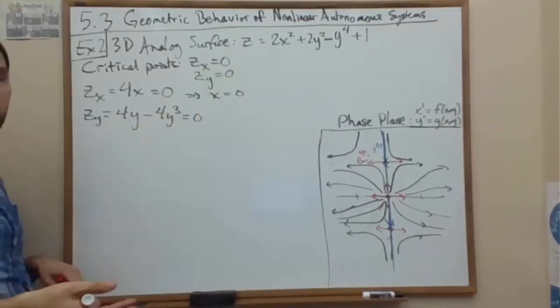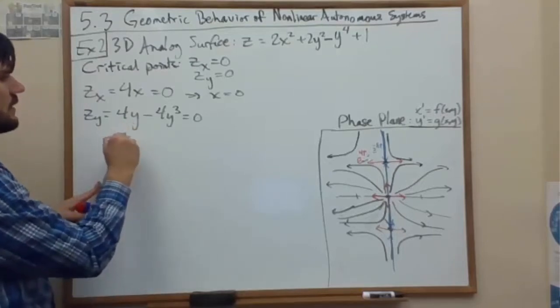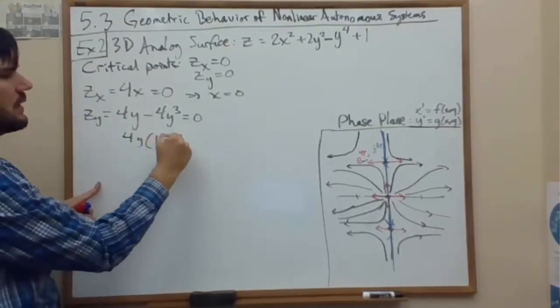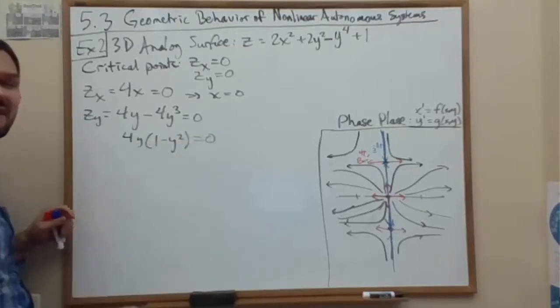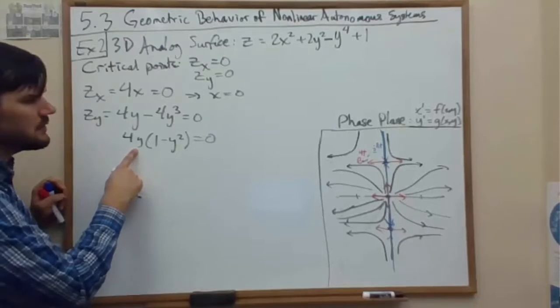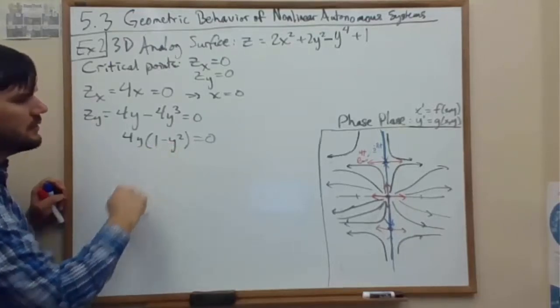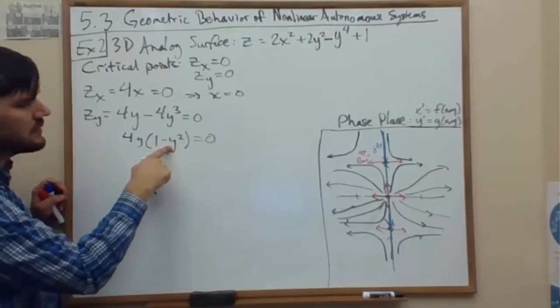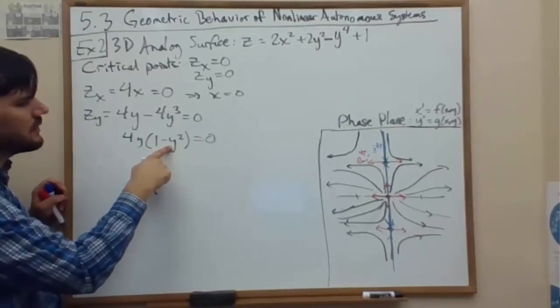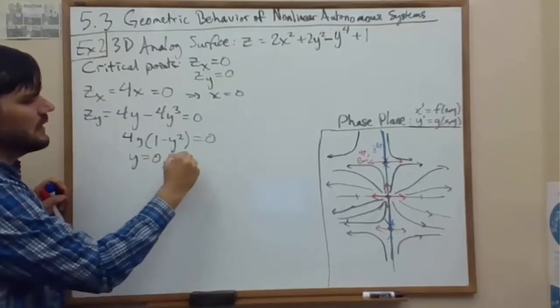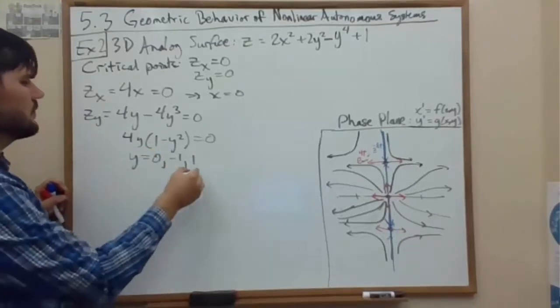This one has a few more points, so let's factor it first. I can factor out a 4 and a y, leaving me with 1 minus y squared equals 0. Since it's a cubic, we're looking for three different roots. We found one, y equals 0, and then there are two more: y equals positive 1, which squares to 1, and y equals negative 1, which squares to 1. So y equals 0, minus 1, and positive 1.